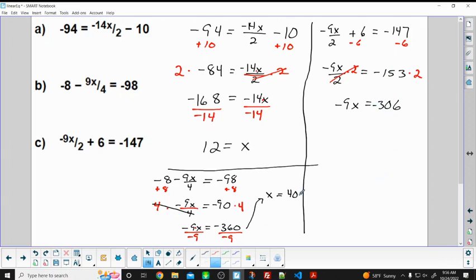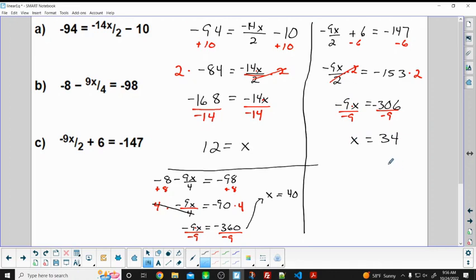And then I am going to get rid of this multiplication of negative 9 by dividing by negative 9. And I need to plug that negative 306 divided by negative 9 in my calculator. And that comes out to be 34. So we've got positive 1x equals 34. And that is our answer.